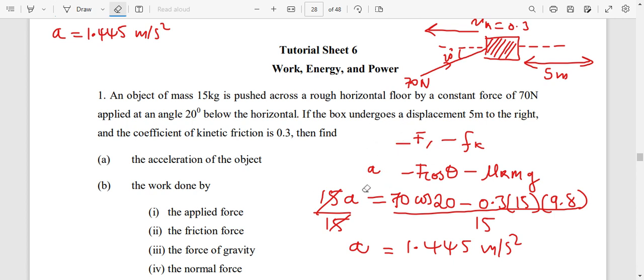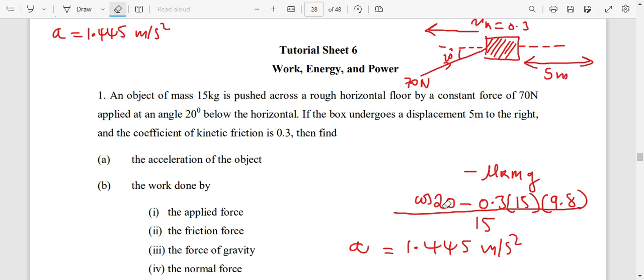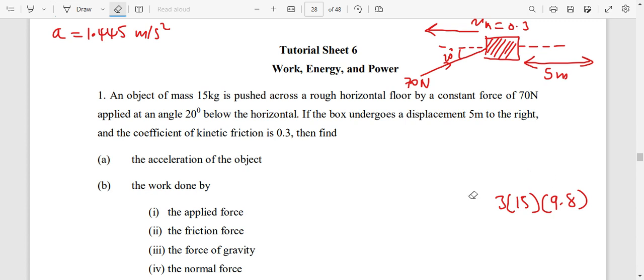Now the next one, we want to find the work done by the applied force. How do you get to find work? Work is equal to force times distance. So the work done by the applied force is going to be equal to force times distance.